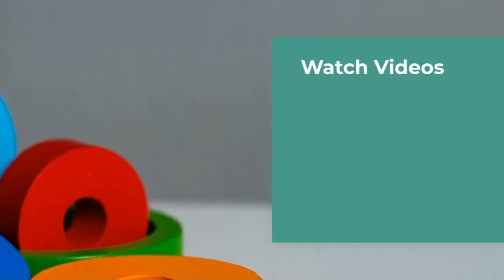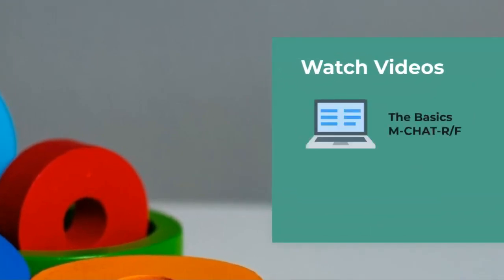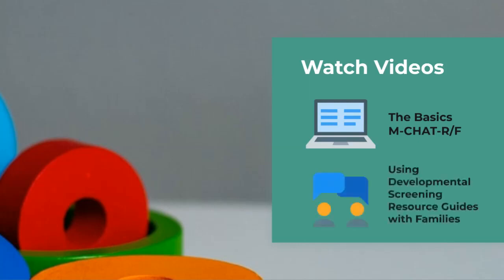You can also check out our videos on the basics of the MCHAT-RF and using developmental screening resource guides with families, which we recommend using when a screen indicates a need for further evaluation or services.